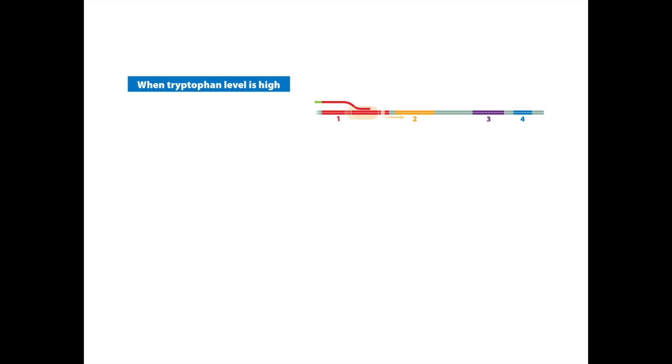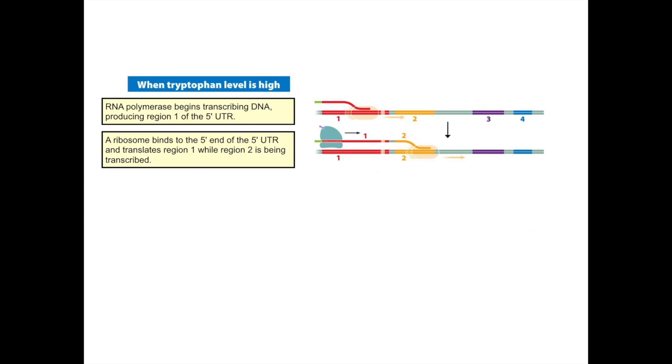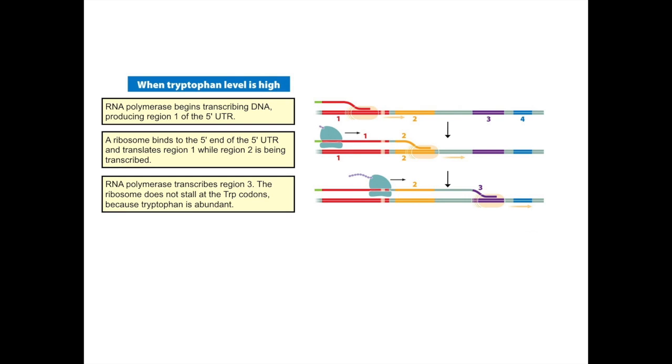When tryptophan levels are high, the RNA polymerase begins transcribing DNA, producing region 1 of the 5' UTR as before. So the ribosome binds to the 5' end of the 5' UTR and translates region 1, while region 2 is being transcribed. RNA polymerase transcribes region 3.